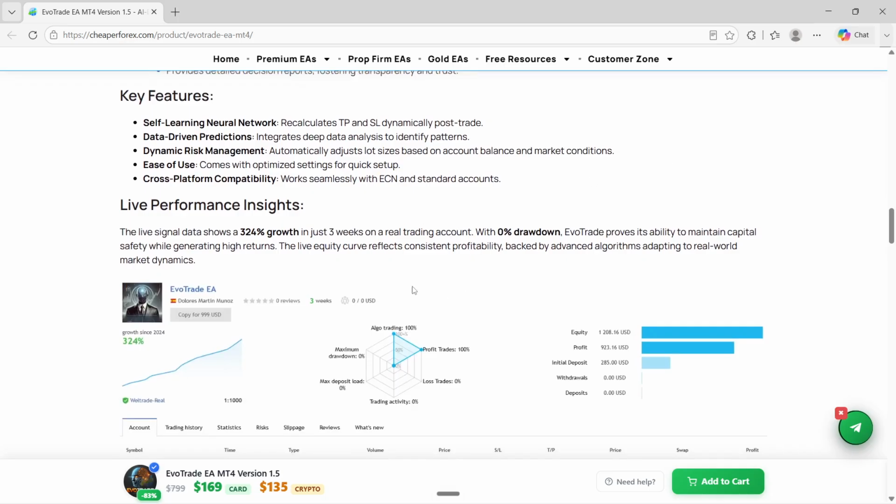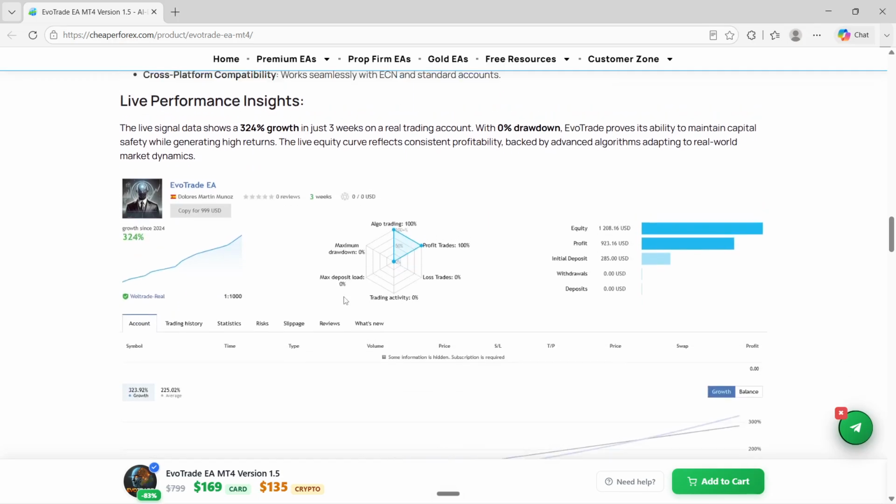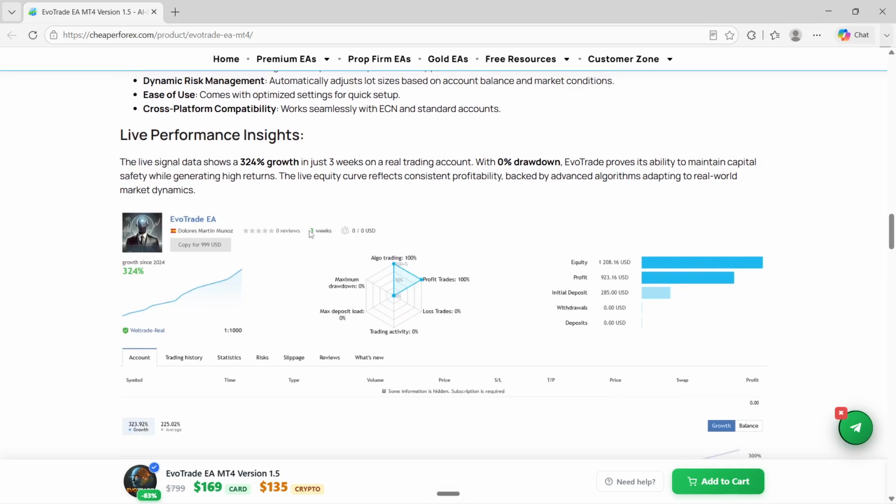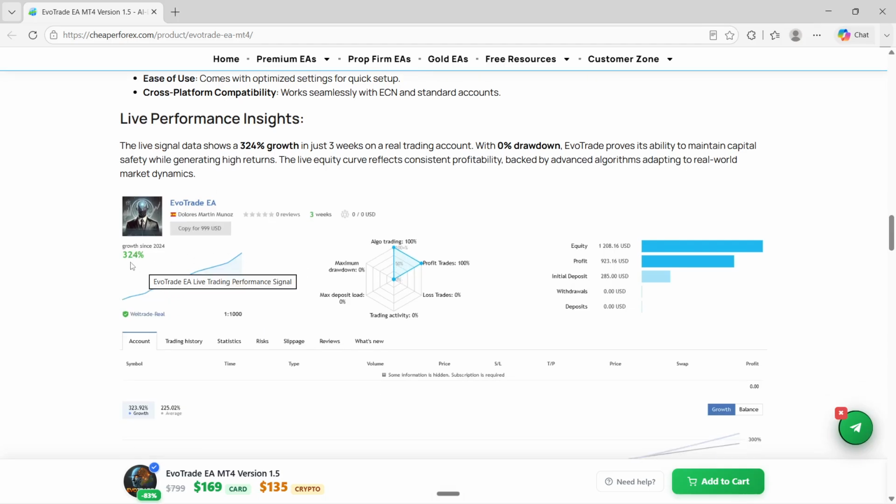Alright, so you can see some of the results here on the website, as I previously said. As you can see, in a matter of 3 weeks, okay, there are 3 weeks up here, and you can see that they claim 324% growth since 2024.